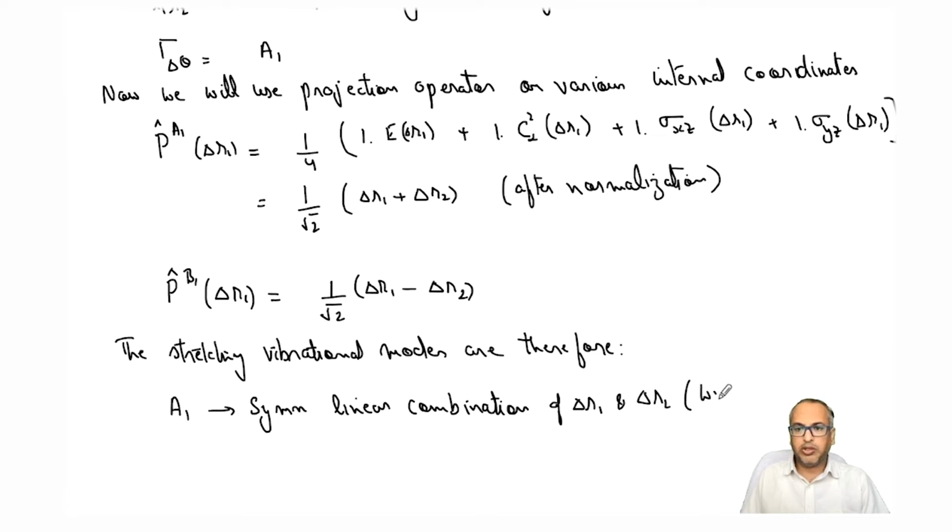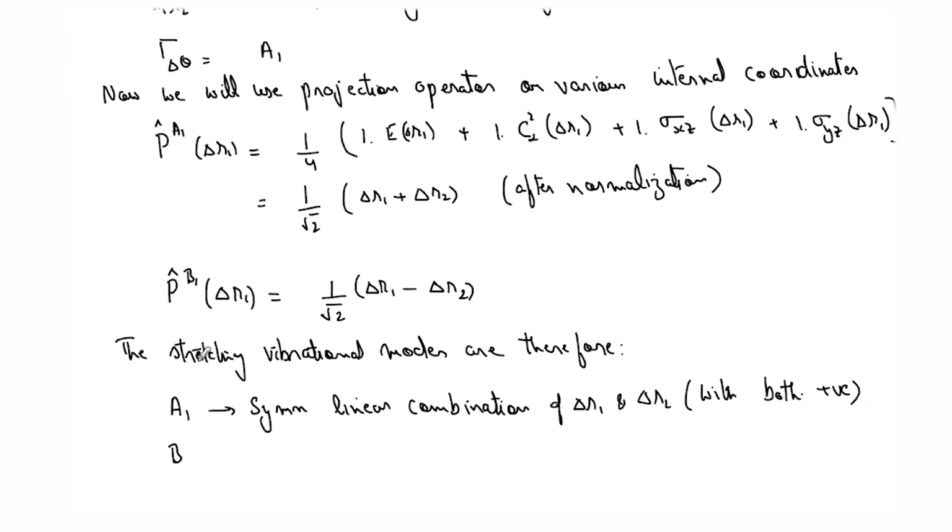Because both are positive, we have delta R1 positive and delta R2 positive. Now what is B1? B1 is an antisymmetric linear combination of delta R1 and delta R2 where one is positive and the other is negative.